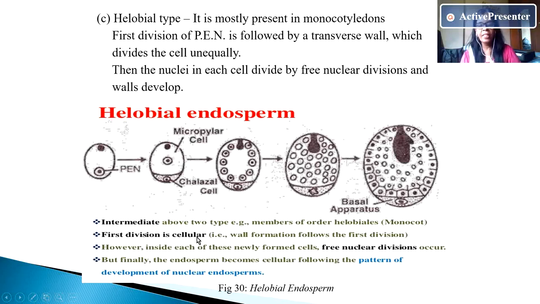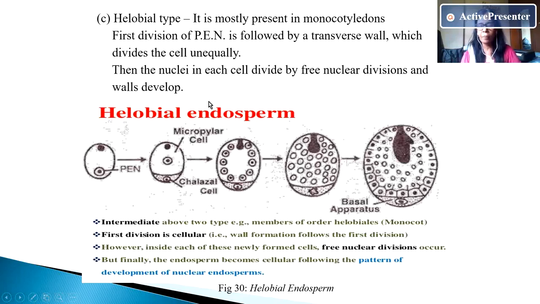The first division is cellular, that is wall formation follows the first division. However, inside each of these newly formed cells, free nuclear division occurs, but finally the endosperm becomes cellular following the pattern of development of nuclear endosperm. So these are the three types of endosperm formation: nuclear, cellular and helobial.